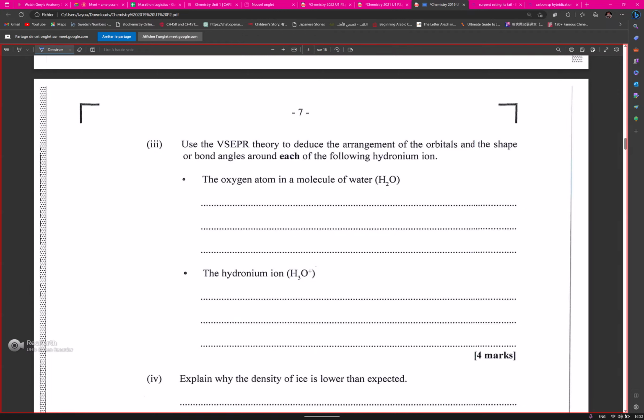Use VSEPR theory to deduce the arrangement of the orbitals and shape or bond angles of each of the following: hydronium ion, and the oxygen atom in the molecule of water.